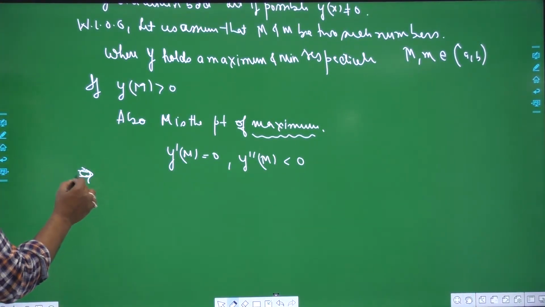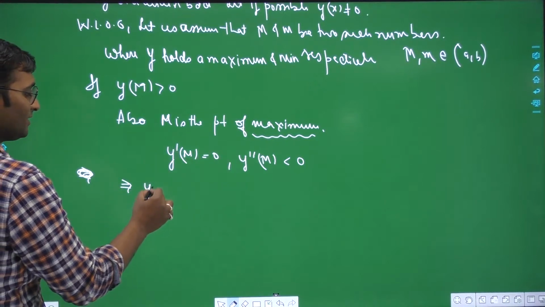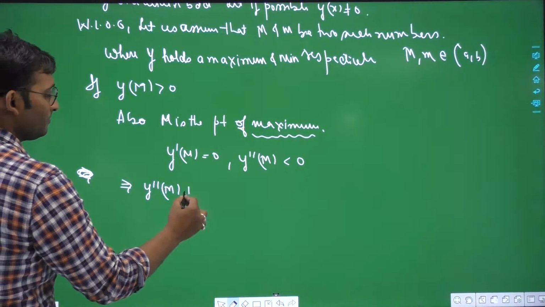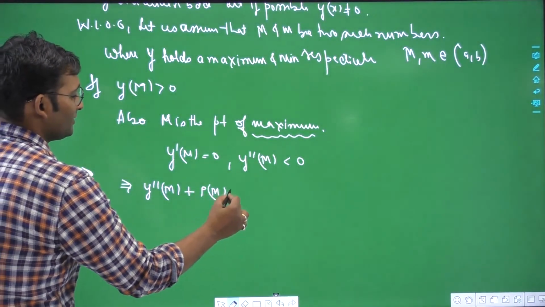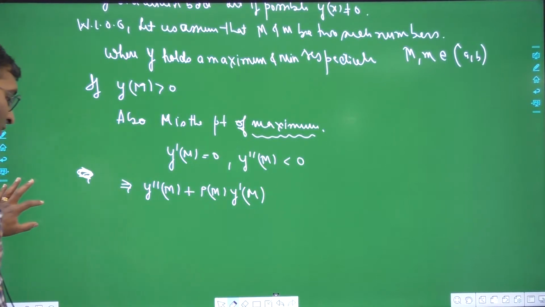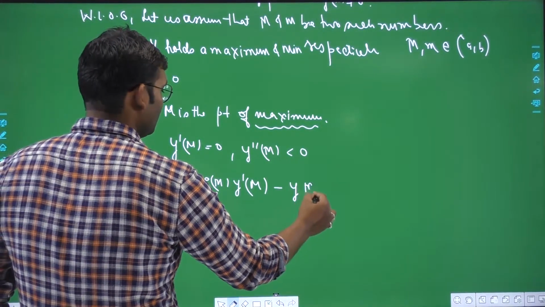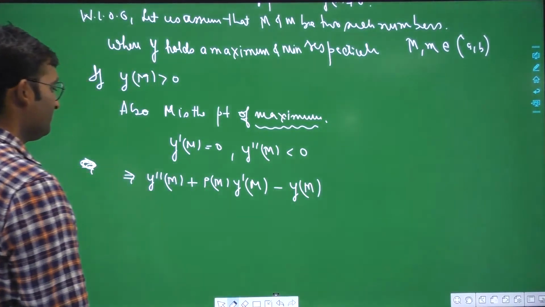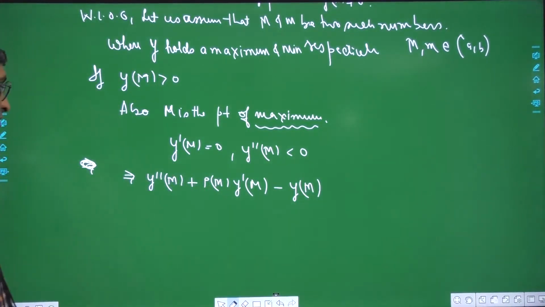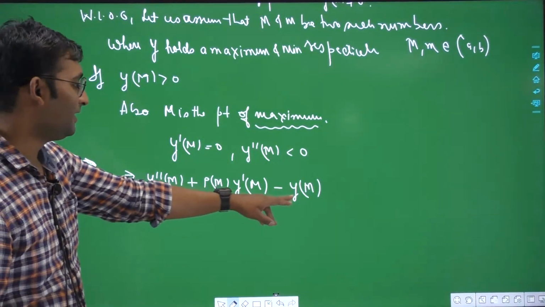So if at all it is the case, it implies y double dash M plus p(M) into y dash M minus y(M).